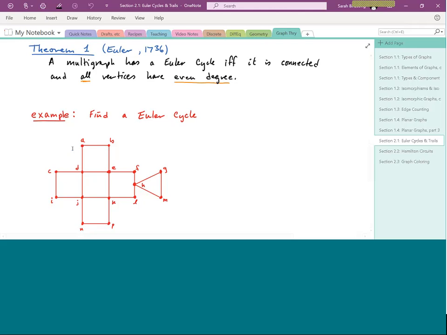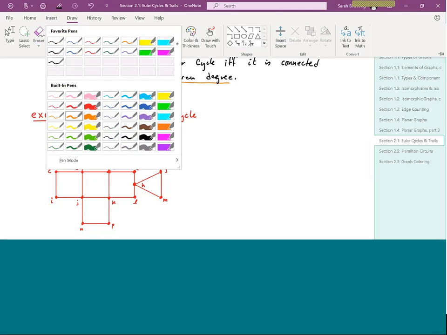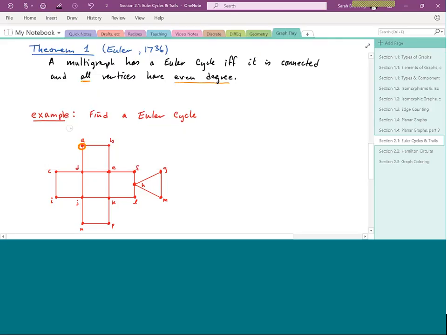You can pick any one you want because we're going to visit all the edges anyway, and all the vertices are adjacent or incident to some edge. So maybe we start at A. I think orange is too close to red, so let us pick a different color. How about yellow? So maybe we start here at A.